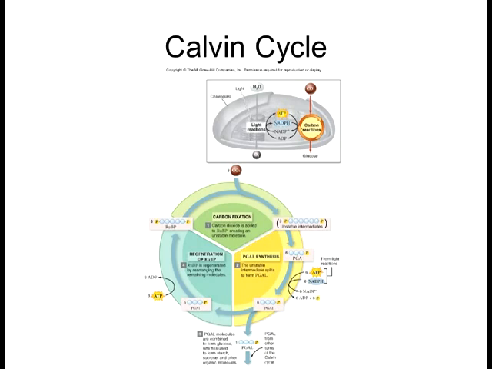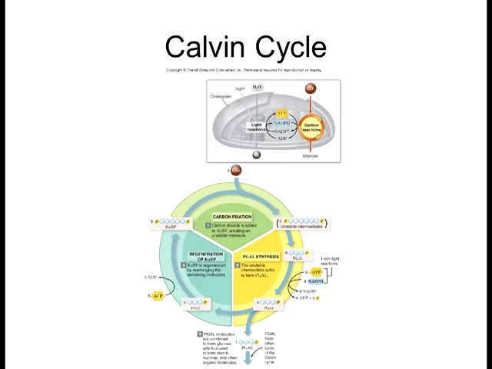And that's what forms what we call PGAL. Once those use up their energy, they go back to the light reactions and they pick up some more. They get re-energized. So that's what I showed you before, right here. The ATP and the NADPH that are made in the light reactions come here, give their energy, and go back. They come here, give their energy, go back and get re-energized. That's the connection between the two.